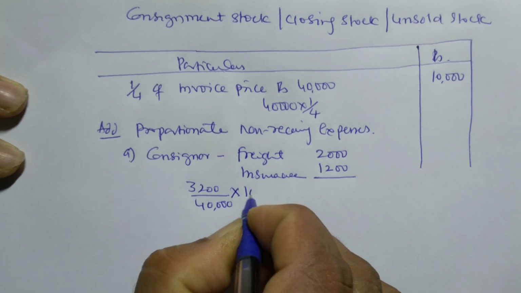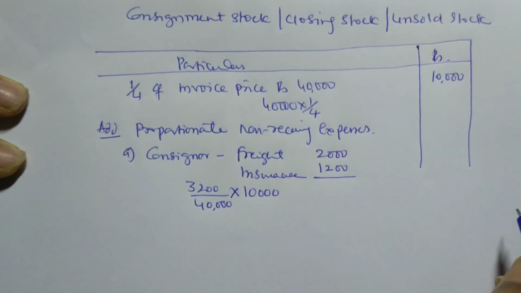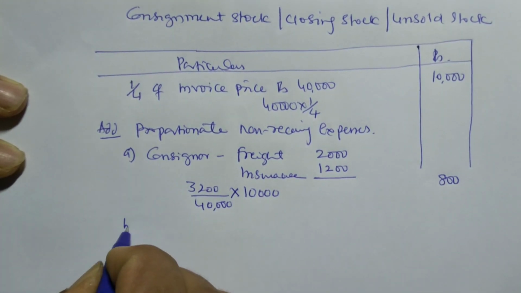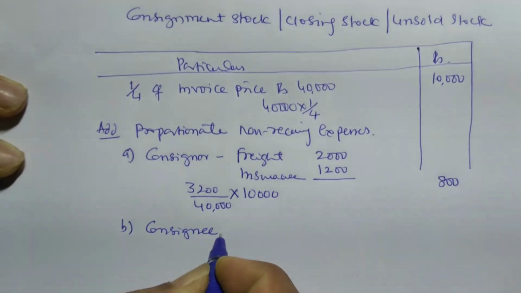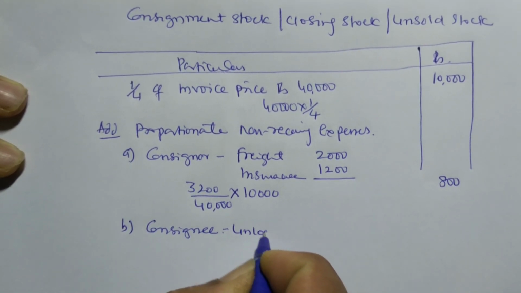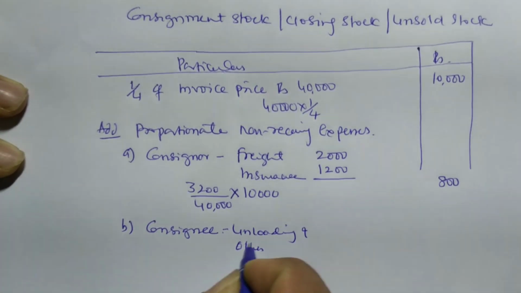But the unsold stock is for 10,000. The proportionate amount is 800, and the portion relating to consignee: the consignee has incurred rupees 400 for unloading and other charges.